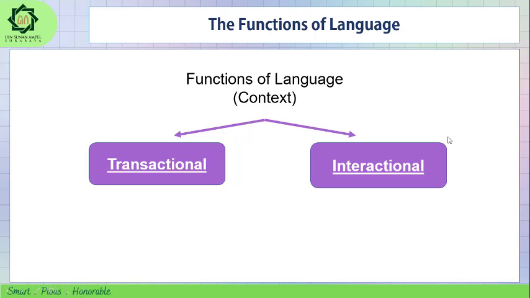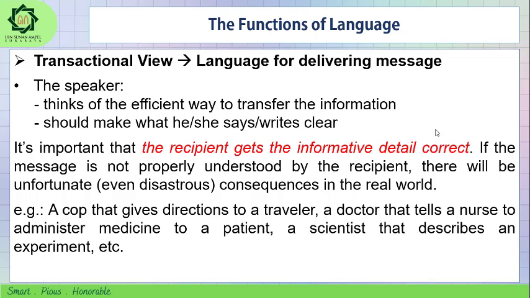Next is the function of language. We have two functions of language according to Brown and Yule, which are the transactional function and interactional function. For the transactional function, it means how we transact or how we deliver the message to the listener.